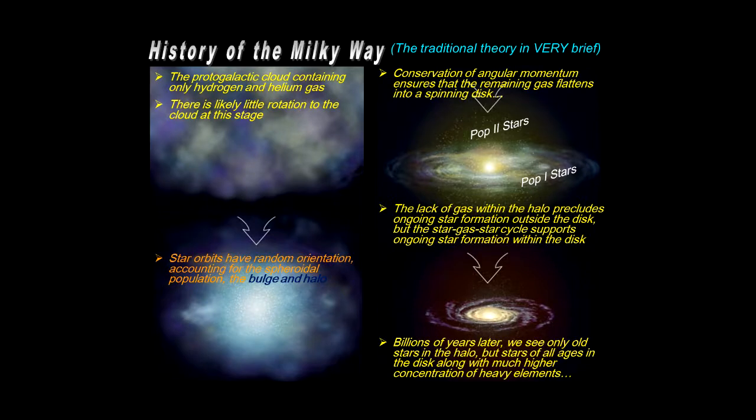And then over billions of years, we see only old stars in the halo. It's all that's left, but stars of all ages in the disk, because there's been multiple generations of stars being born, going supernova, seeding the interstellar medium with the heavies and producing new generations of stars like we see today. So that, in brief, is the history, and that will conclude our discussion of the Milky Way as well.